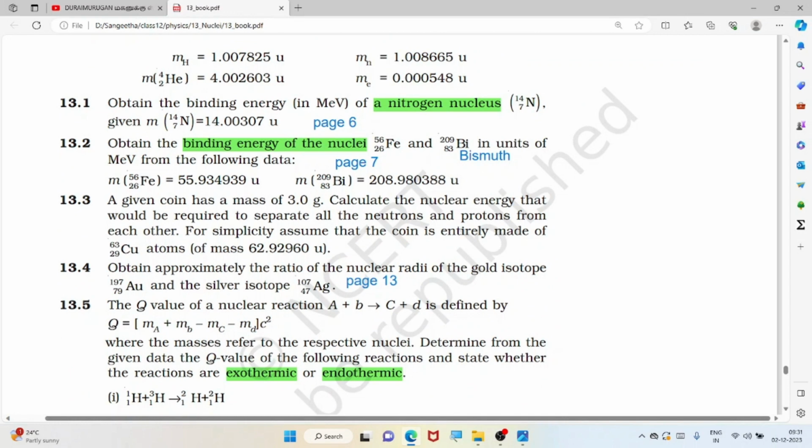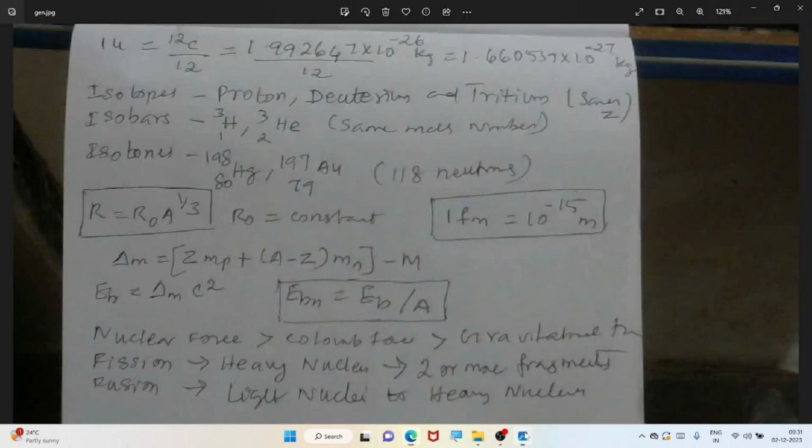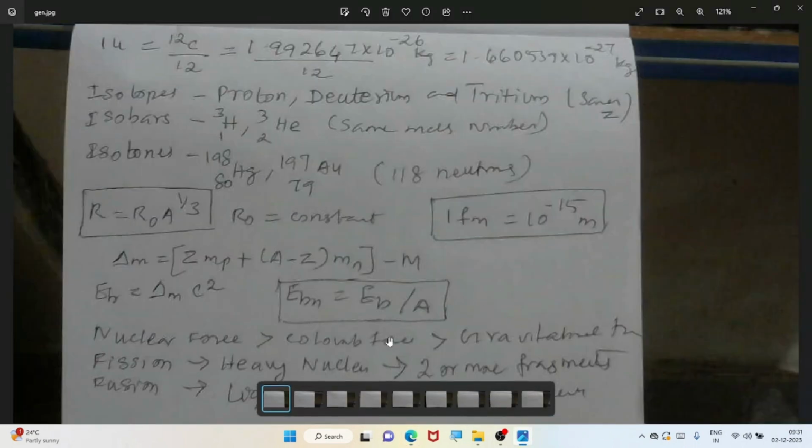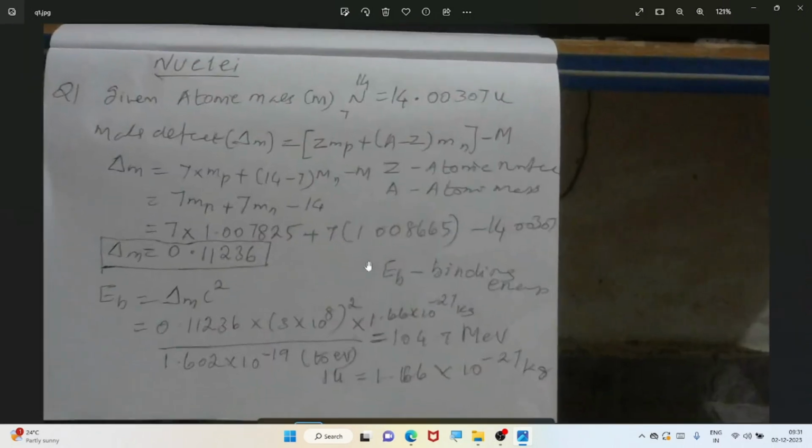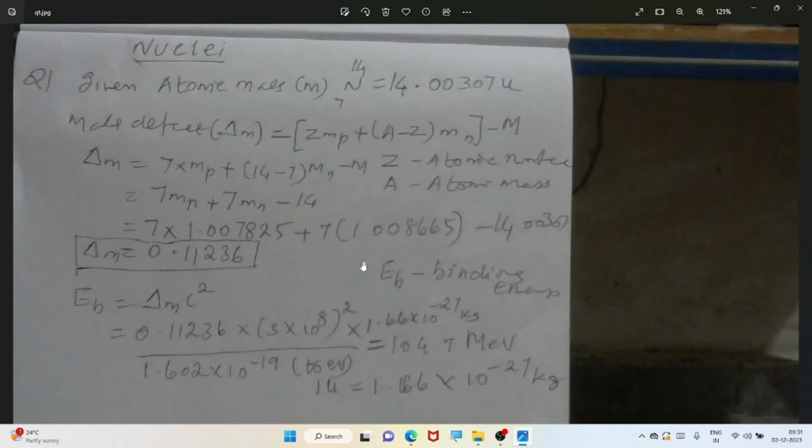Okay, obtain the binding energy of the nitrogen nucleus. So the binding energy is mass defect times velocity of light squared. Okay, this is the binding energy equation. So for that we have to find out the mass defect.